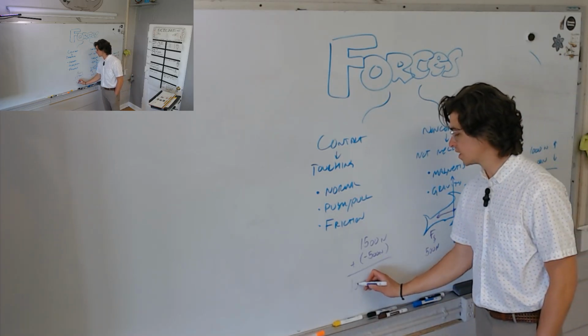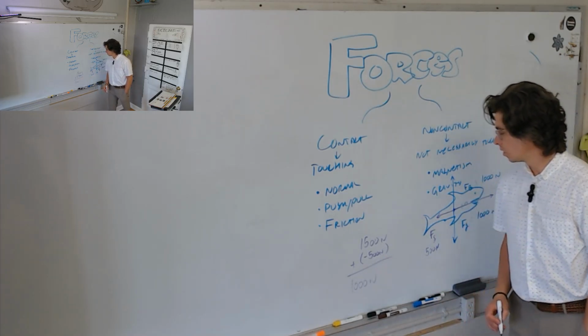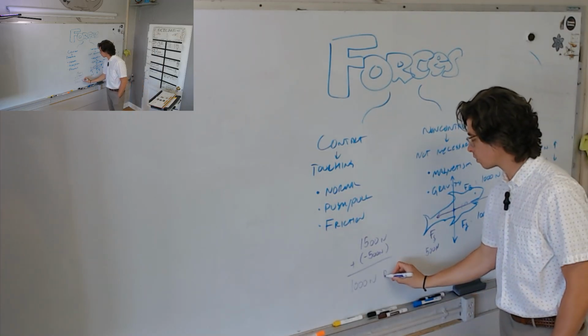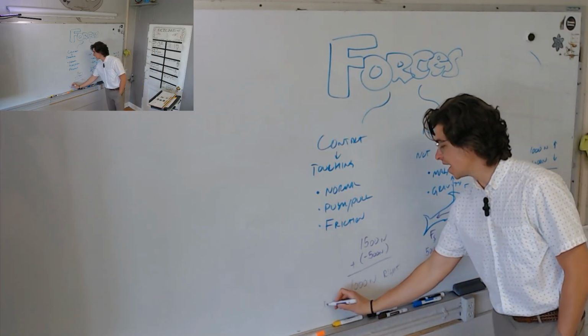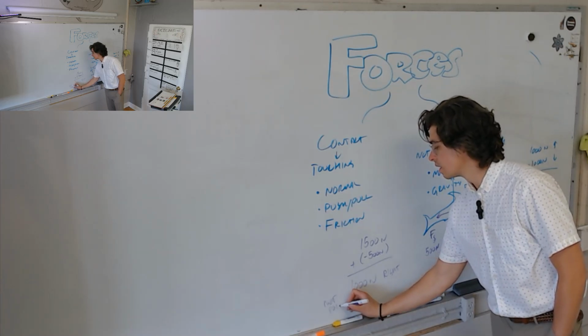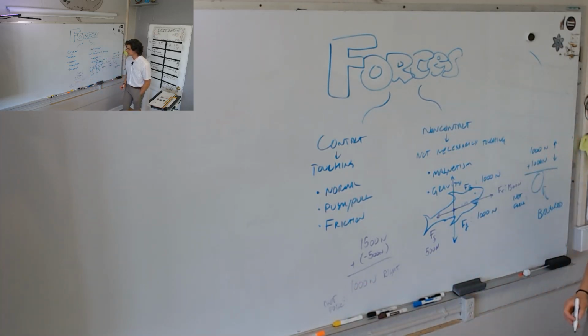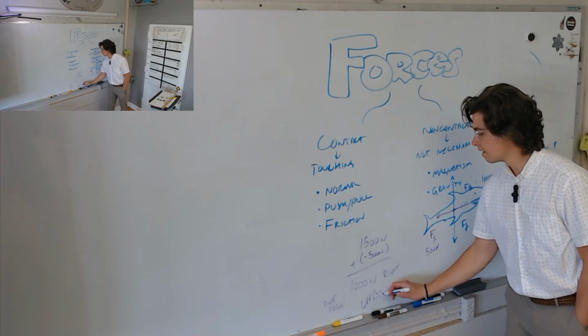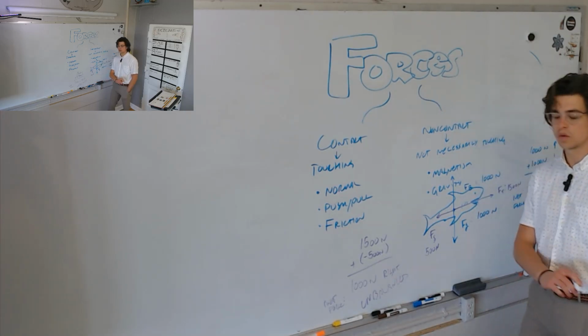That gives 1,000 newtons, but we have to indicate what direction? It has to be in the same direction as the bigger one. So 1,000 newtons right. This is the net force. Is this balanced or unbalanced? Well, the net force is only balanced if it's 0. So it's unbalanced.